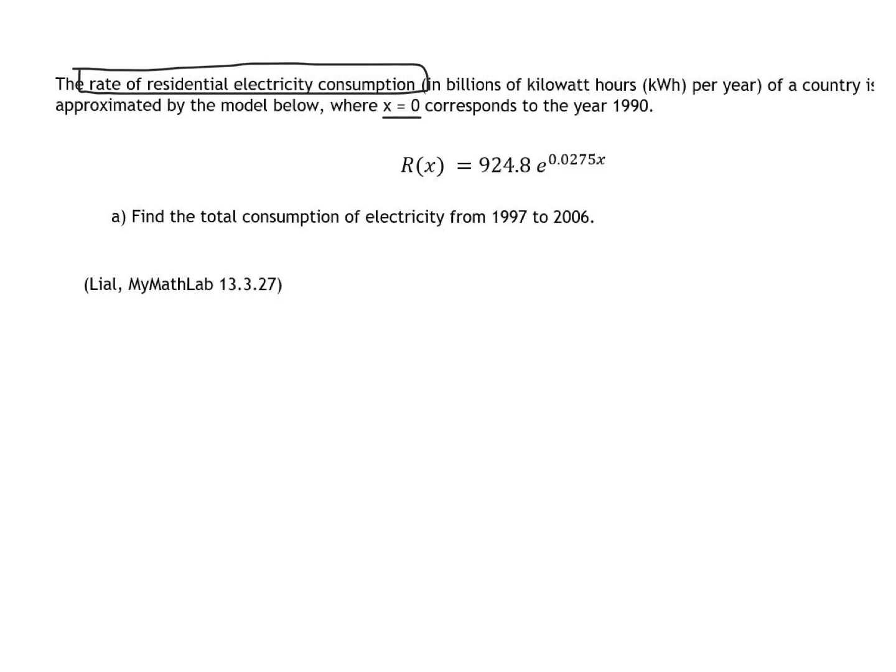And it says X is 0 for 1990. Again, the r at x really doesn't tell you it's a derivative. What tells you it's a derivative is the words in the question, right? And it says find the total consumption of electricity from 1997 to 2006.